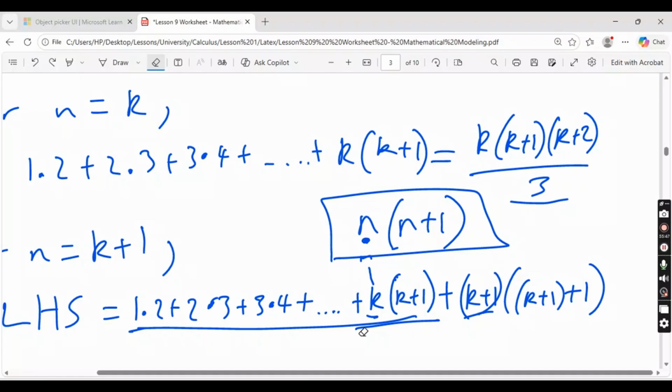Just like when we are using the second term, the term after 2 is the third term. So we just took 2 and add plus 1. So it's the same thing as k and k plus 1.